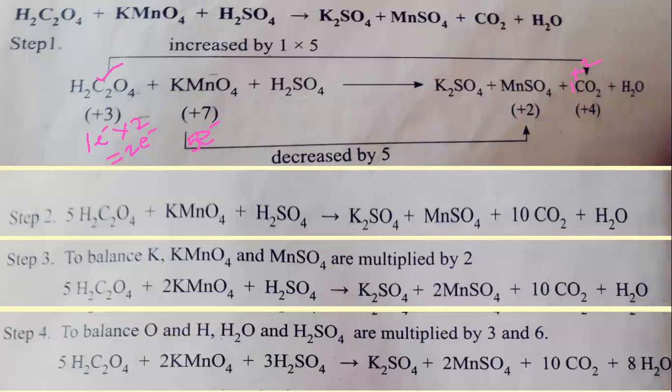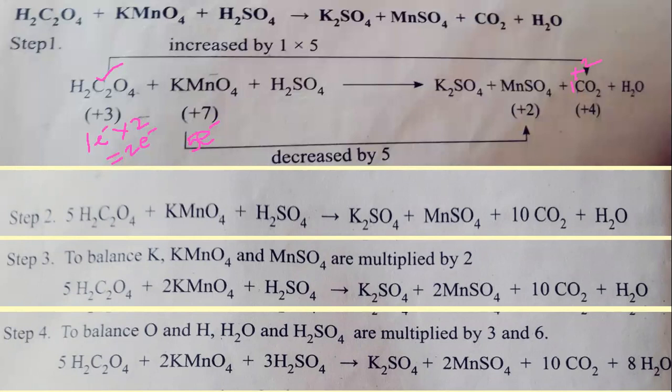Along with that 3 into 2, 6 hydrogen. So totally 16 hydrogen. Product side also 8 into 2, 16 hydrogen. So that gets balanced. And now we check for this carbon. So 5 into 2, 10 carbon. So here also 10 carbon. So both the side gets balanced.